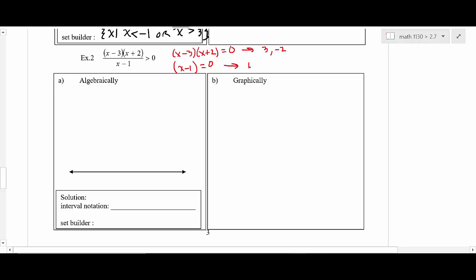Okay? So let me ask this. What happens at 1? What are you going to have on your graph? You're going to have a vertical asymptote, right? Okay? But remember, a vertical asymptote is where that rational function is undefined. So what we want to do on this when we put this together, let's just put all the numbers in the right order. So we have a negative 2 here. We have a 1 here. And then we have a 3 like that.